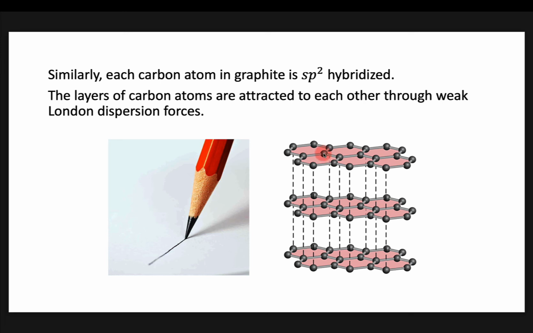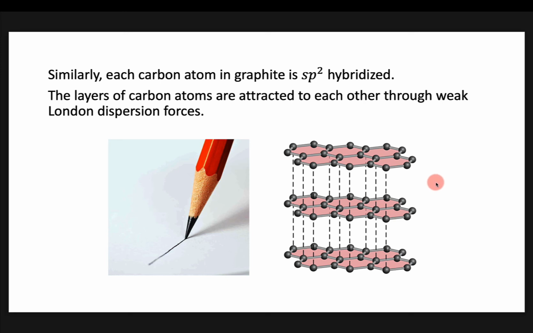Now, each of these layers has a bunch of carbon atoms that are sp2 hybridized and are all bonded to each other. Each of these layers of carbon atoms are attracted to each other through London dispersion forces, which we've learned are weak intermolecular forces. So that's really not a very strong force holding these layers together.